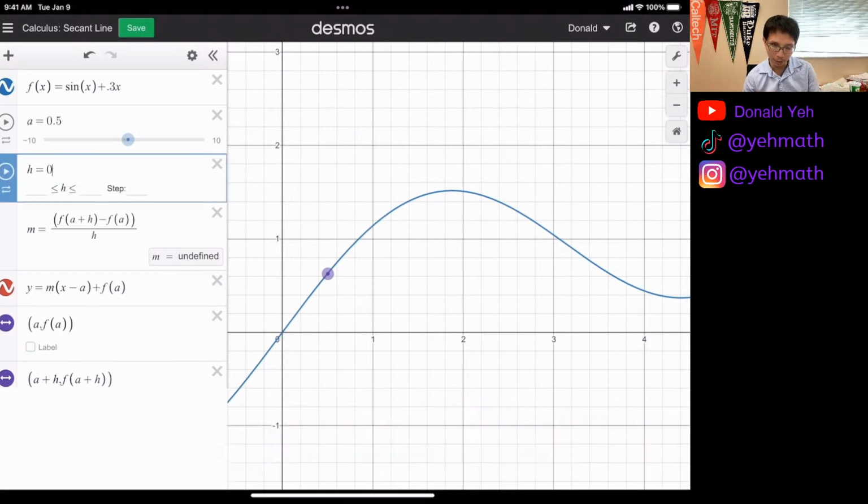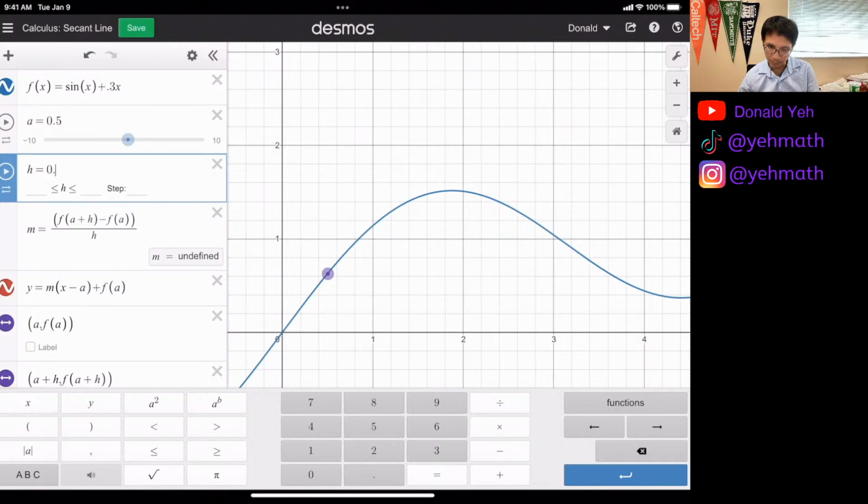But what we can do is get really close to it, like 0.00001. If I approach there, then I can get an estimate value of the slope of the secant. So it's roughly 1.17758. And that is the tangent line.